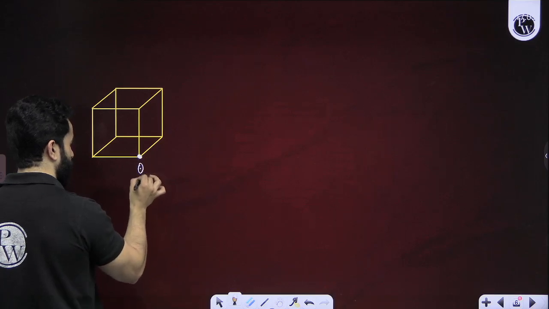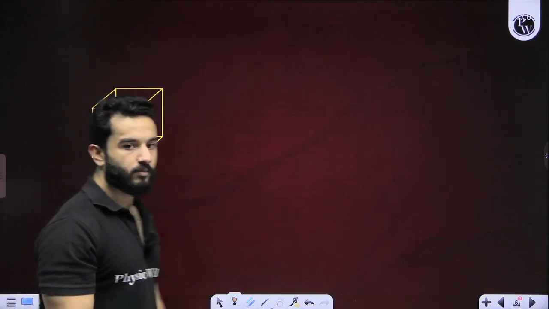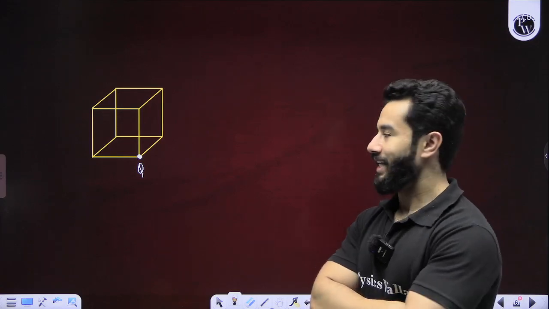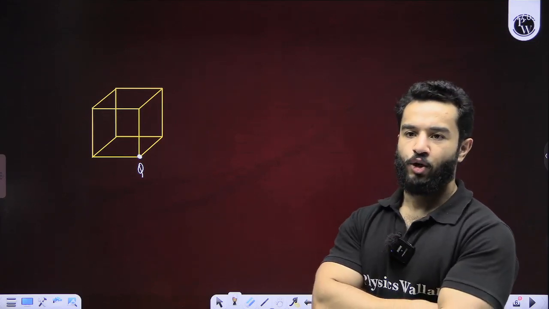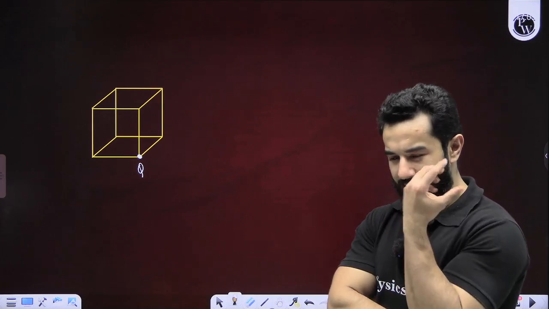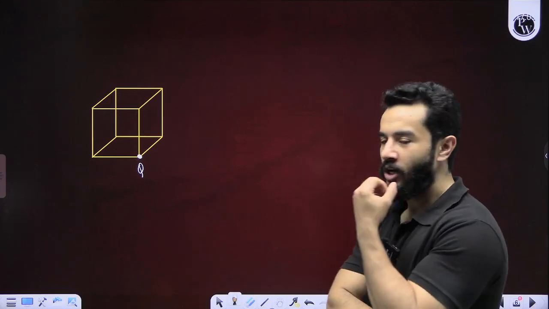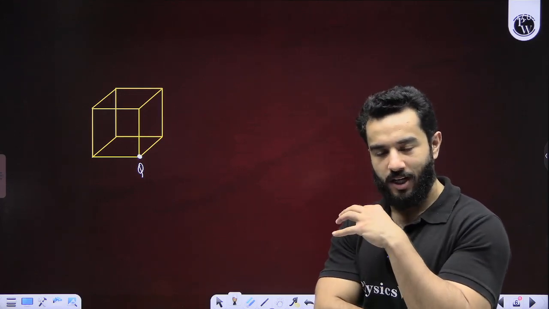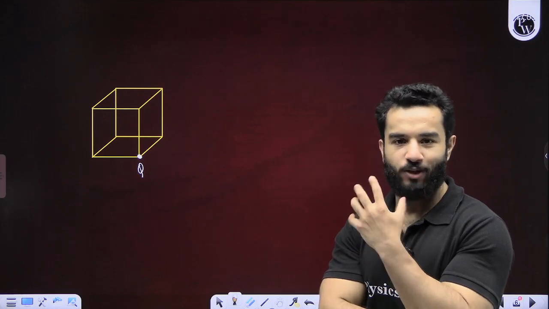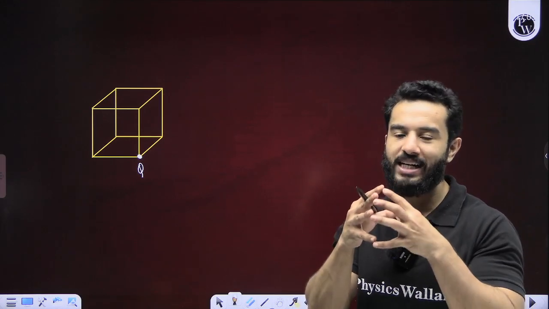Now what will happen? Think about it. Pause the video or just give it a thought. What is going to be the net flux with this cube? Again, the idea is to draw the Gaussian surfaces, to draw more cubes, so that the charge is totally enclosed. Totally enclosed means it is totally contained by the surface.